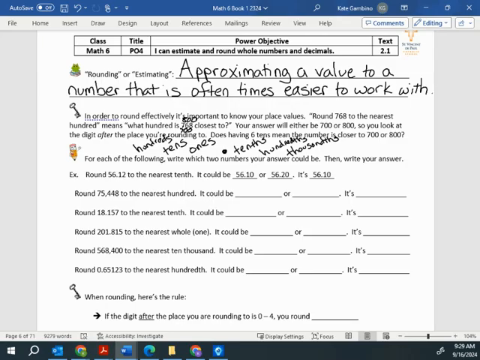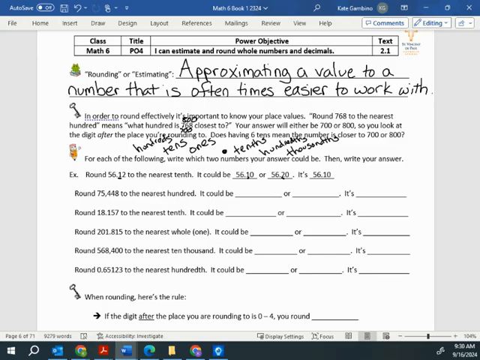So, the example would be 56.12 rounded to the nearest tenth place. So, that tenth place is the first decimal place. So I'm either going to round that 1 in the tenths place up to a 2, or it's going to stay a 1.